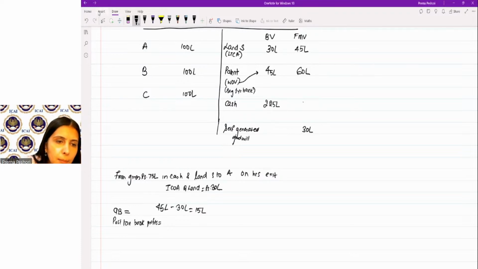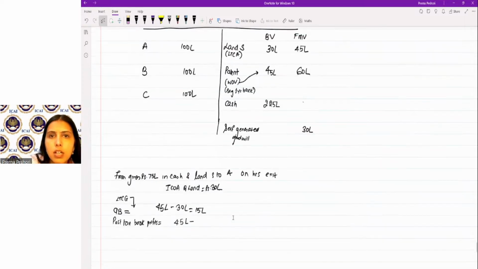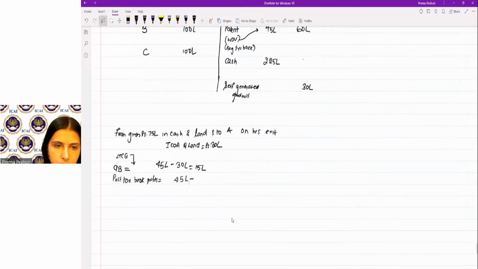This will be long-term capital gain only, because land is long-term. For 9B, we do not apply Rule 8AA. We only apply Rule 8AA to 45(4). Yes, Jacob, correct. 15. So, 45 lakh minus 30 lakh.